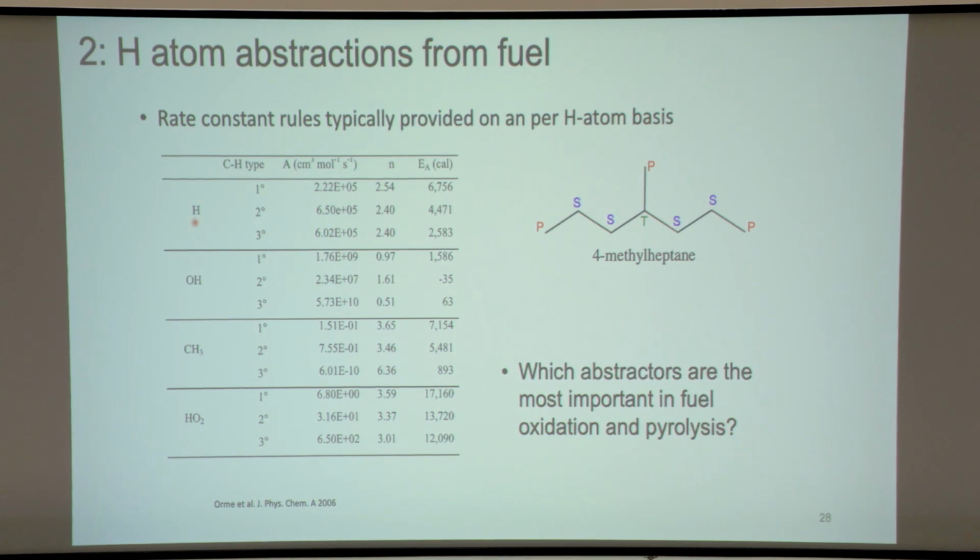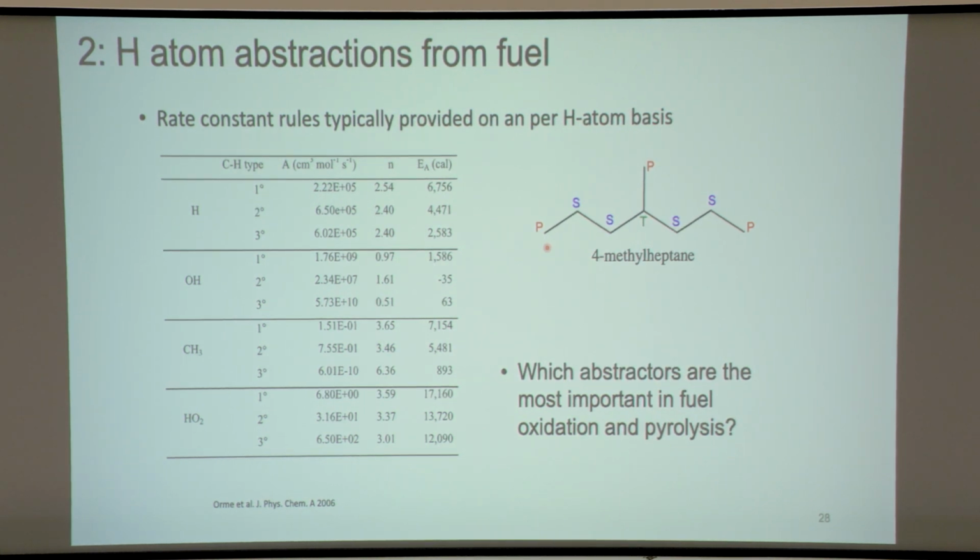Let's say the hydrogen is abstracted by H radical. So H radical from a primary site will abstract hydrogen at a rate of 2.2 times 10 to the 5, with n of 2.54 and 6,756 activation energy. Okay? And we prescribe this on what we call a per H atom basis.